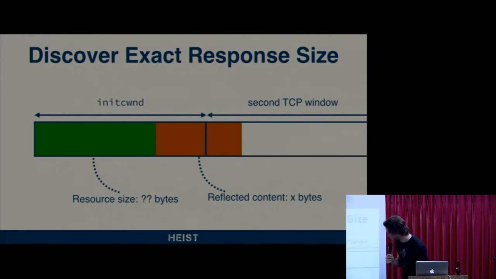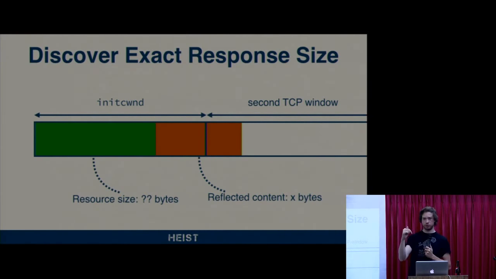The colors are not very clear, so look at that screen. The green part is the resource that we want to know the size of. At this point, we assume that it's smaller than a single TCP window. So there's this green resource that we don't know the size of, but we can reflect some content.